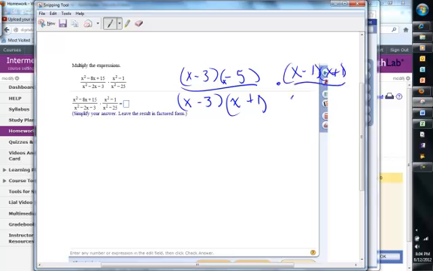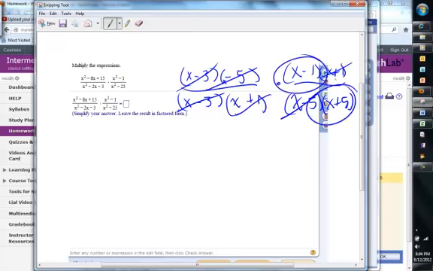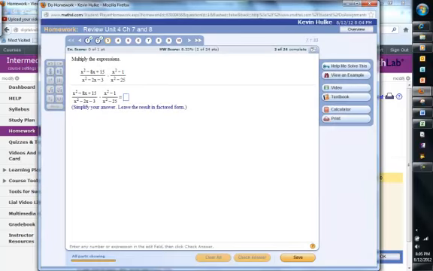And the second denominator is x minus 5, x plus 5. All right, so the x minus 3's cancel, the x plus 1's cancel, the x minus 5's cancel, and we're left with x minus 1 over x plus 5.